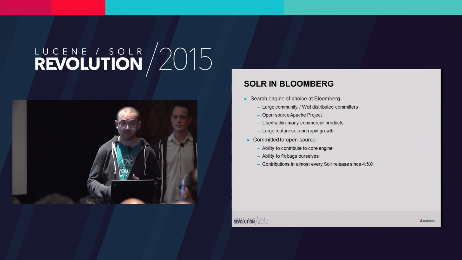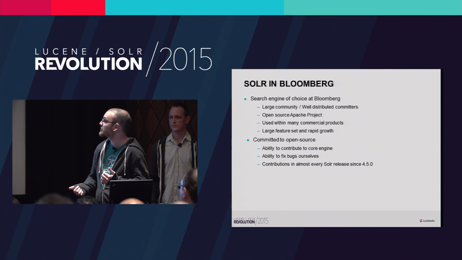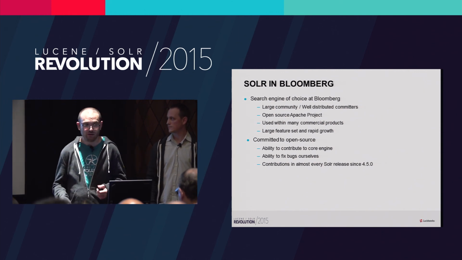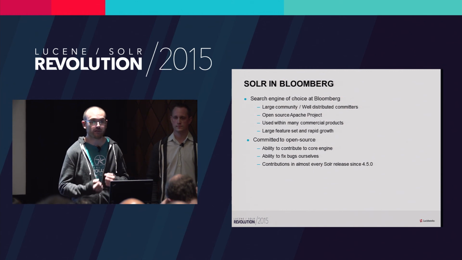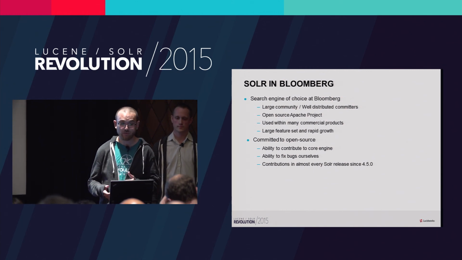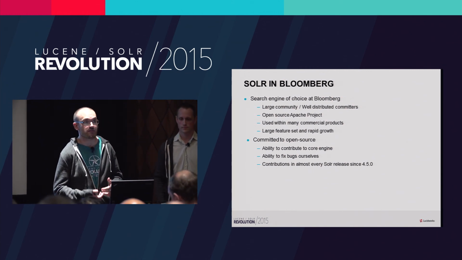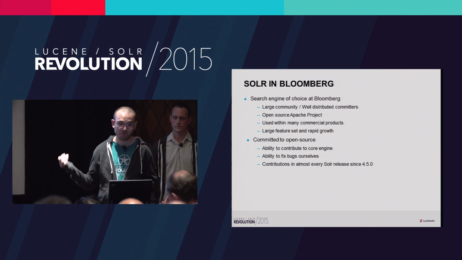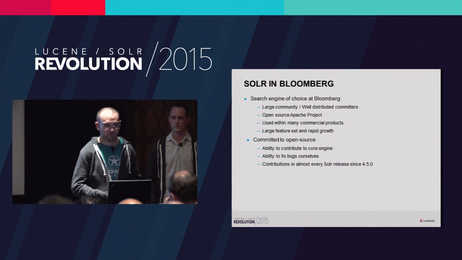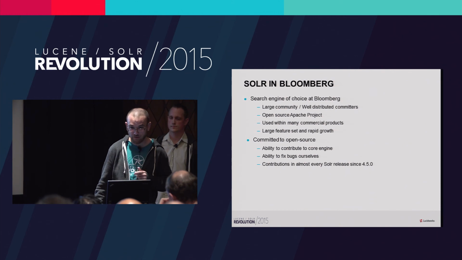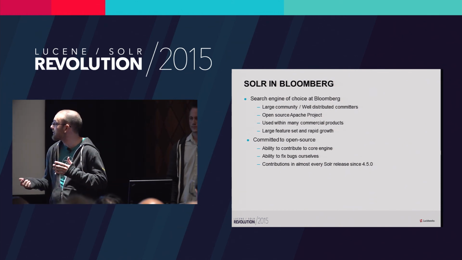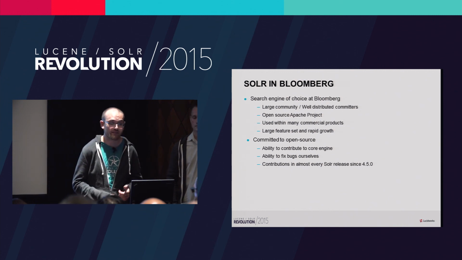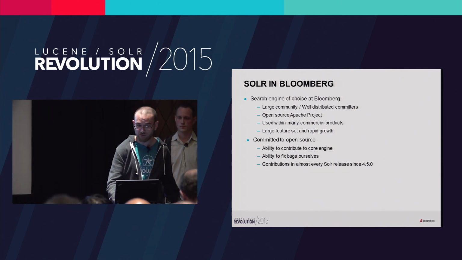Why Solr? Because it has a large community. It's an Apache project, and we really like that there's a large feature set that is continuously growing. And of course, if you want to add a feature, it's not so hard to add. Of course, we are not only using the service, but we are also contributing by fixing bugs and contributing new features in the code.